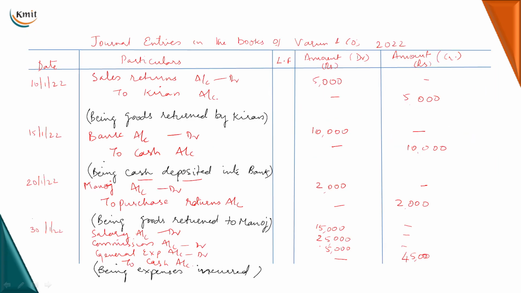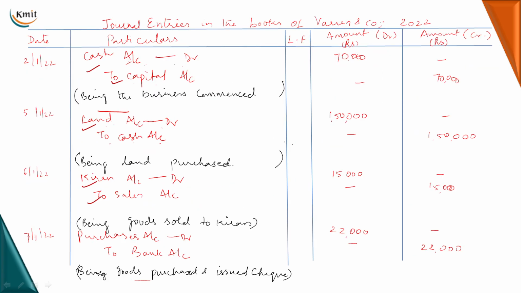Now we'll post another entry here. Kiran account debtor to sales account. That is the third entry, dated 6th. So the first account that has to be selected is Kiran account debtor to sales account.